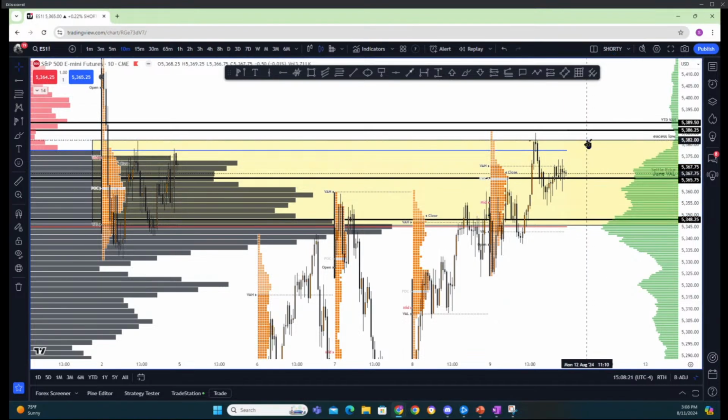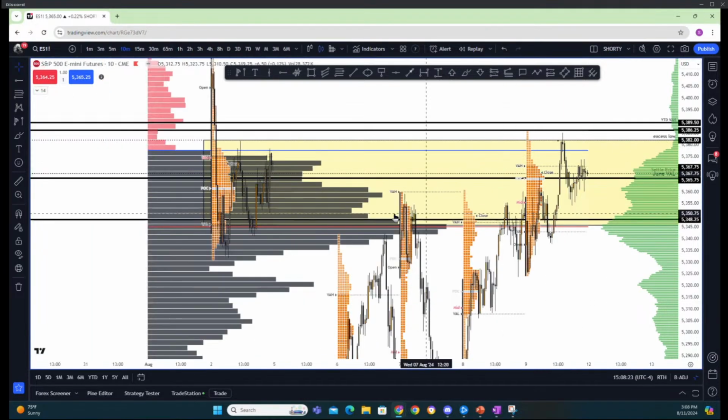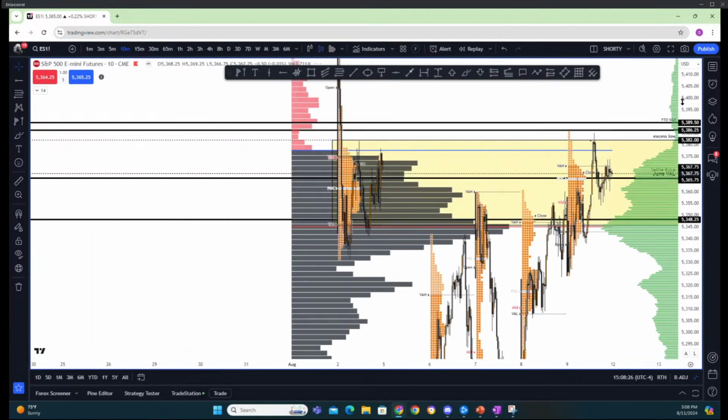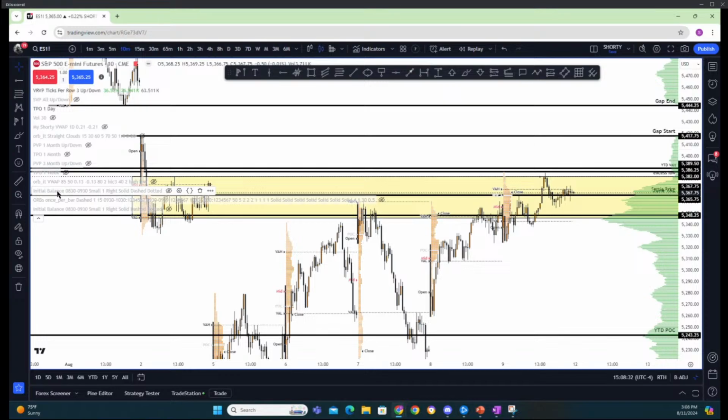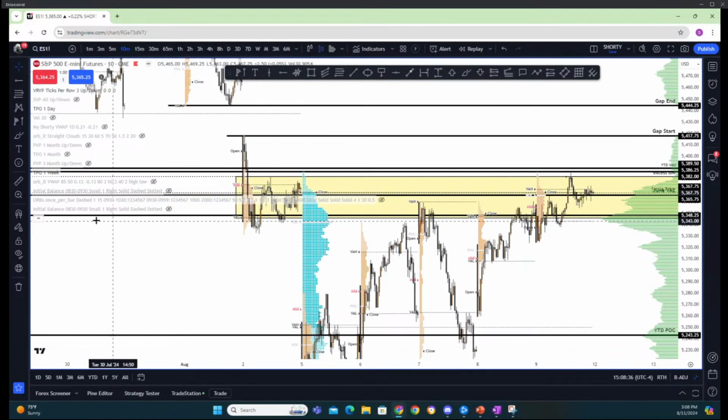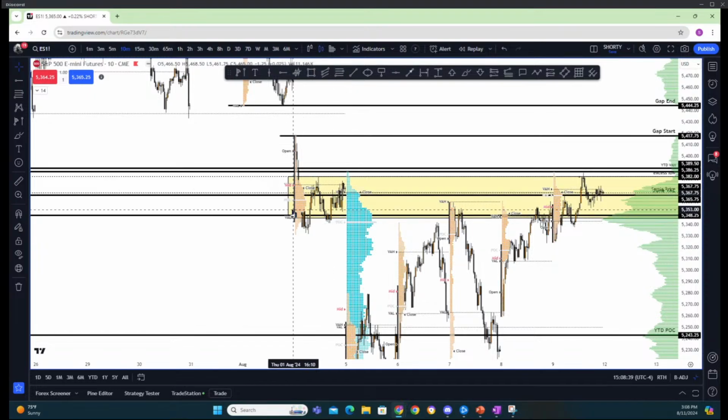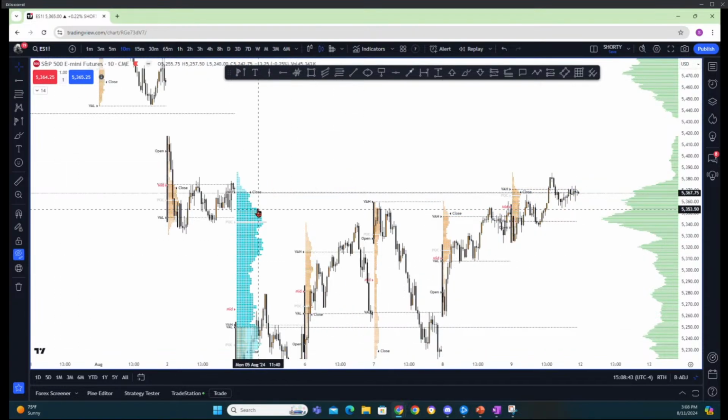So far, everybody following? Okay. So those are the big levels that I identified, right? Now what I do is I'll look at the weekly profile and I'll just hide a bunch of these so I can actually see what's happening. So let's say I go on my TPO 1 week and I make sure I'm on RTH, and you can hide drawings and look.